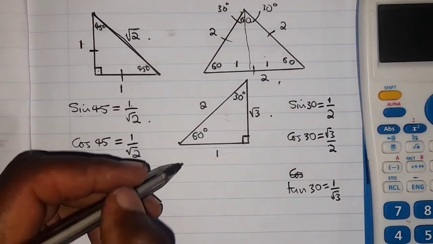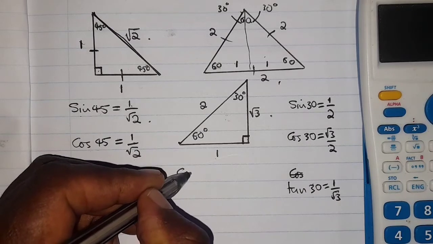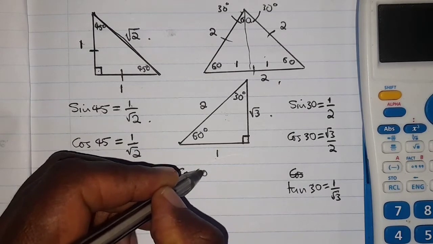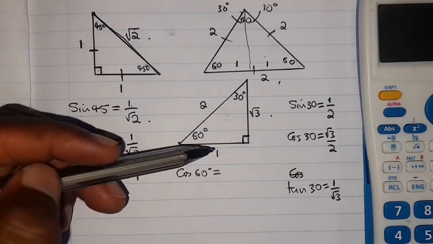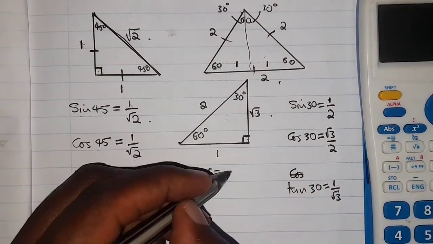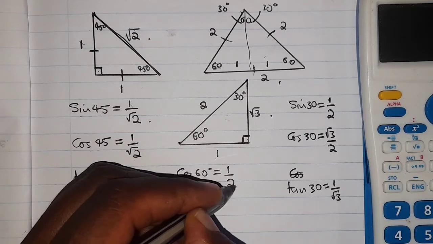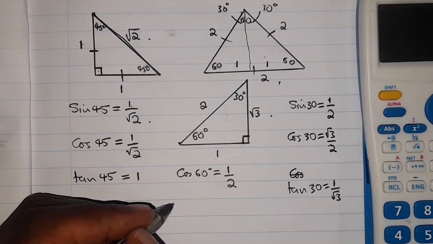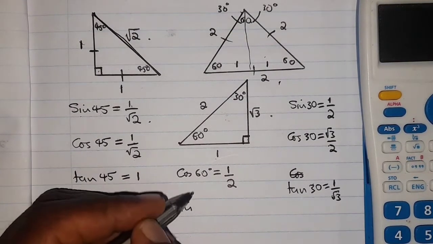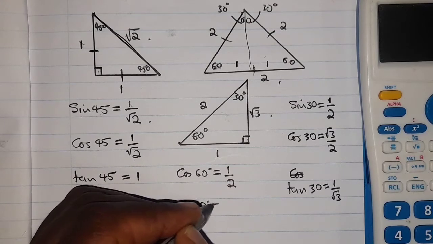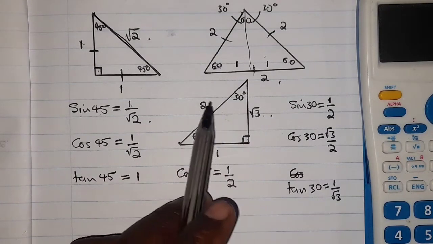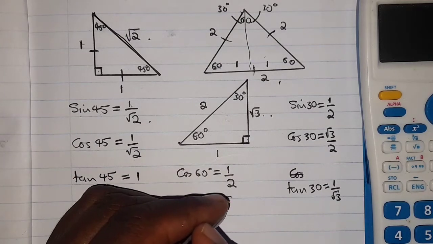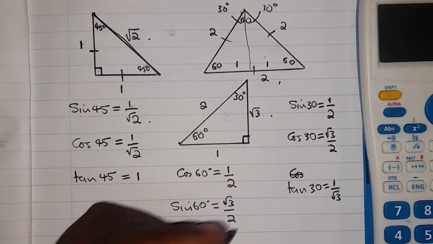And then the last one, we have cos 60 degrees. This is our 60 degrees. Cos is adjacent over hypotenuse, that is 1/2. And then sine 60 degrees, this is our 60, is opposite over hypotenuse, that's √3/2.